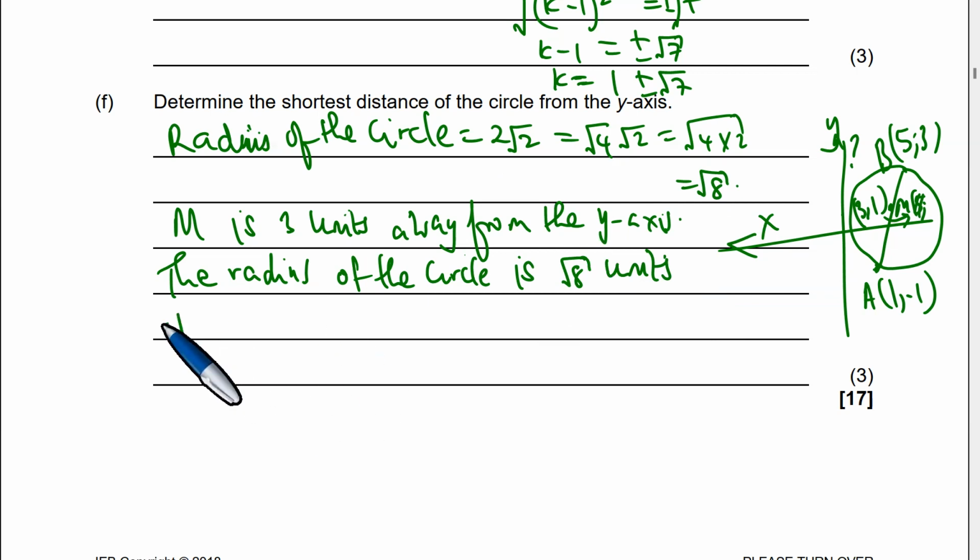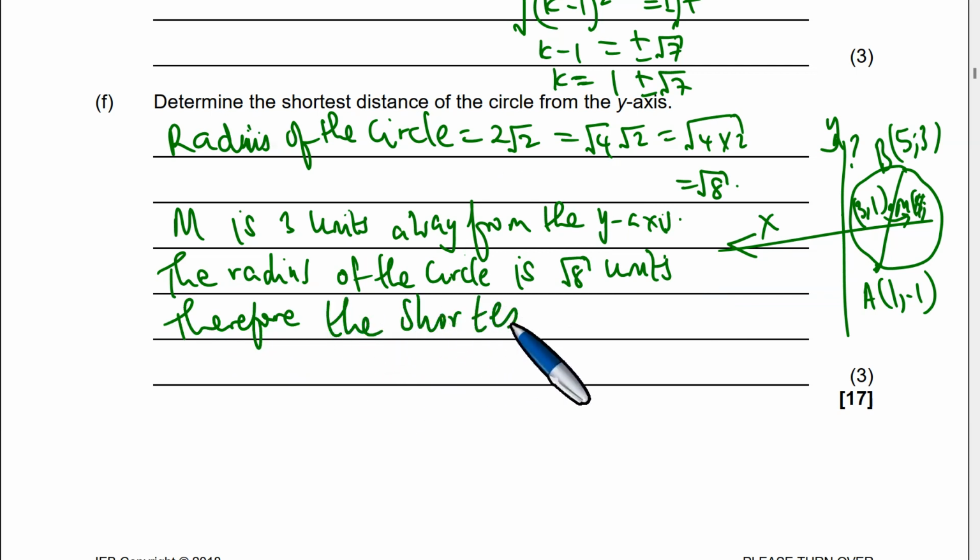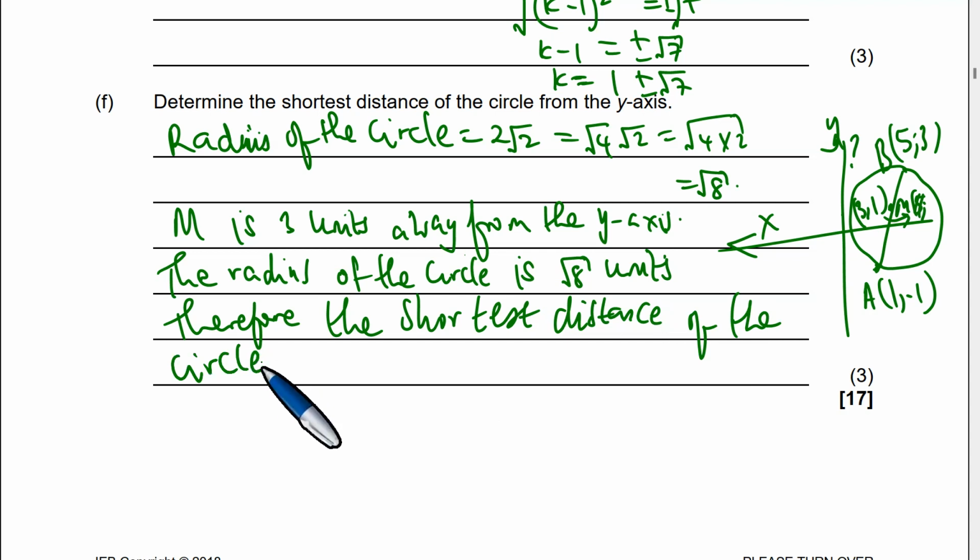Therefore, what is the shortest distance of the circle from the y-axis?